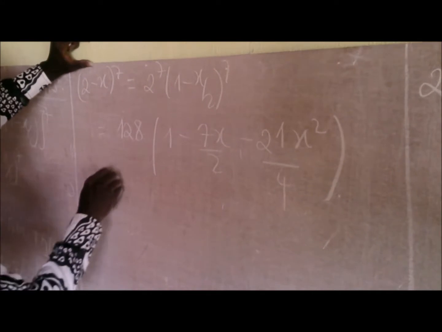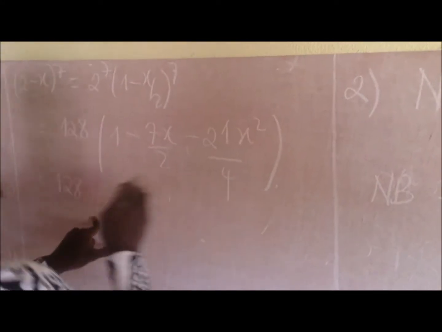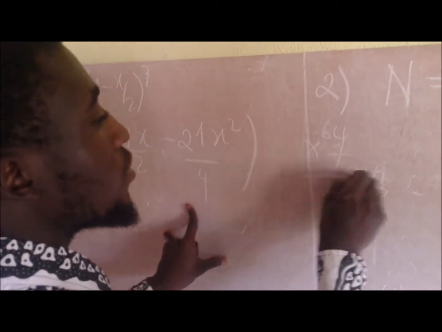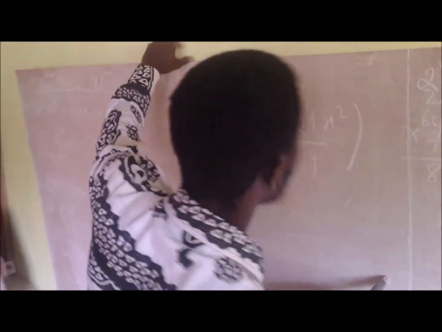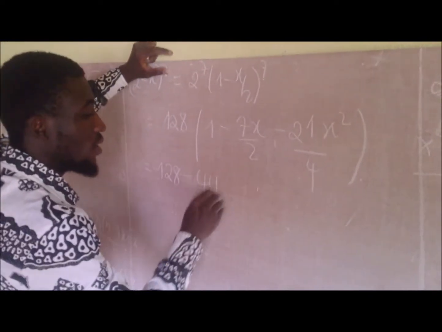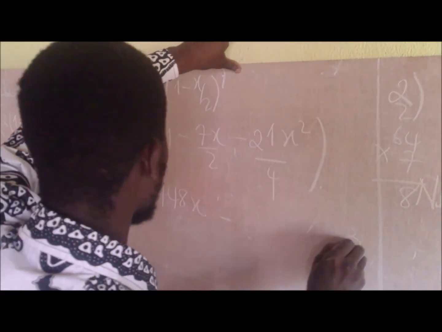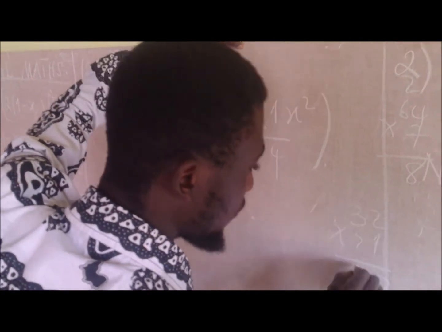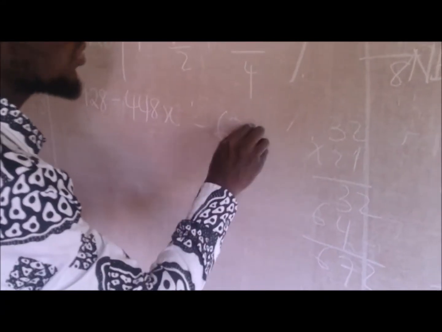So we have 128, and we have 7 times 64, which gives minus 448x. Then 128 on 4 is 32 times 21, which gives minus 672 x squared.